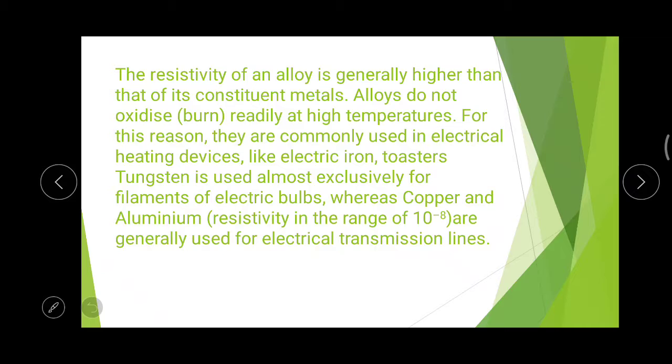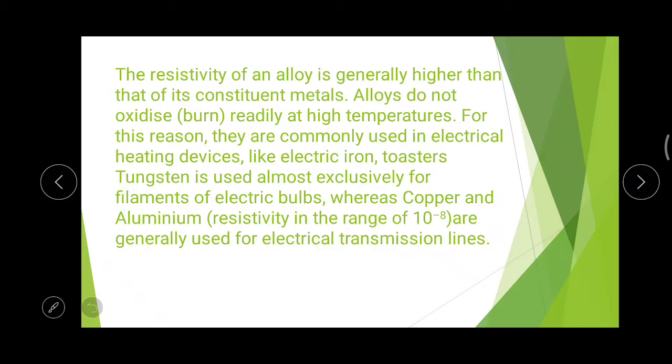One more benefit of alloys is that they do not oxidize readily at high temperature. So they can sustain high temperature; they will not burn or oxidize. Due to this reason, they are commonly used in electrical heating devices like electric irons and toasters.